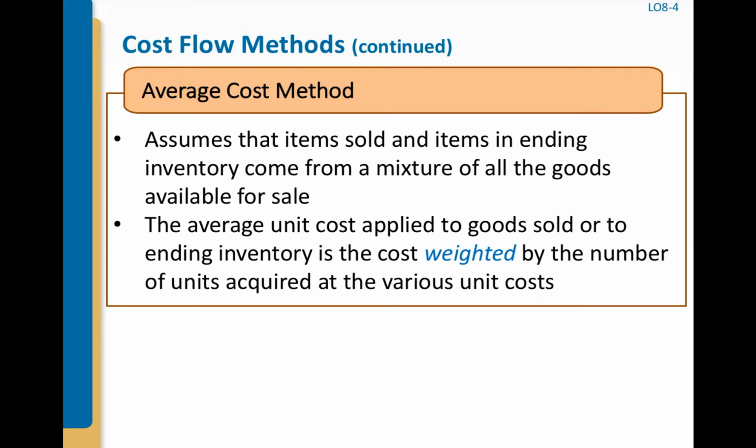So under the average cost method, we basically are going to look at whatever units we have available for sale at any given time, divide their total costs by that, and that will give us our cost per unit at that time period. Then anytime we add more inventory, we will recalculate the average, adding the new inventory in and averaging that together with what we already have sitting in there.